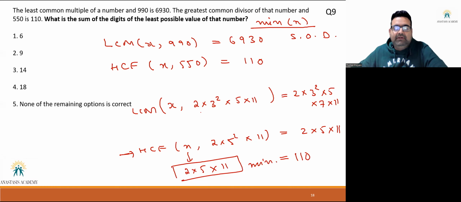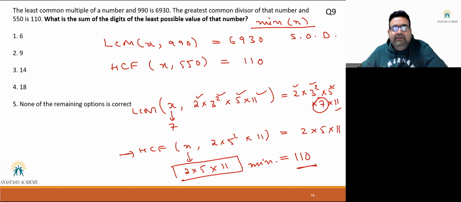But look at this statement, 2 into 3 square. 2 is here, 2 is here. 3 square is here, 3 square is here. 5 is here, 5 is here. 11 is here, 11 is here. The only additional factor which I'm getting in LCM is 7. Now, where will that 7 come from? That 7 has to come from X, right? Because then only LCM will have a factor of 7.